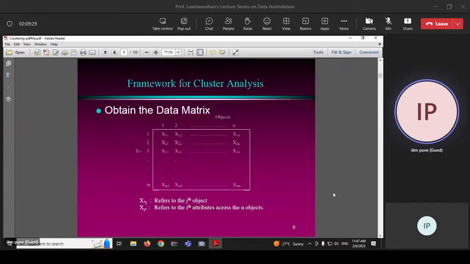Now, what are the properties? Each column refers to an object. Are you there? Each column refers to an object. Each row refers to the features of different objects. For example, the height of everybody, the weight of everybody, skin color of everybody. So the elements in a row all have the same units.